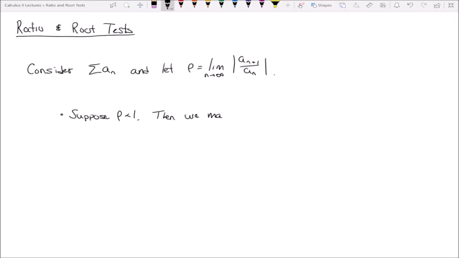If this is the case, we may choose a number r such that rho is less than r, which is less than 1.